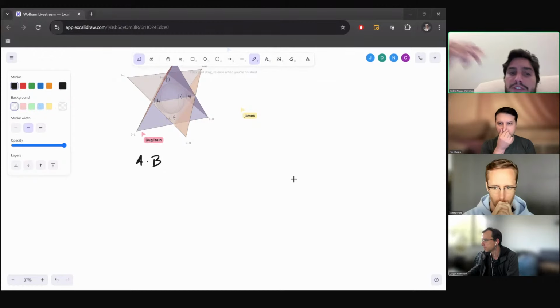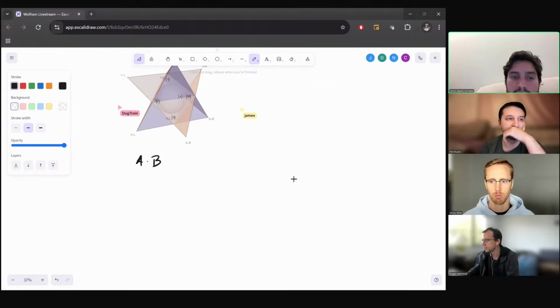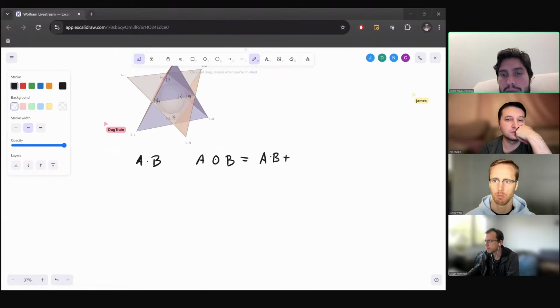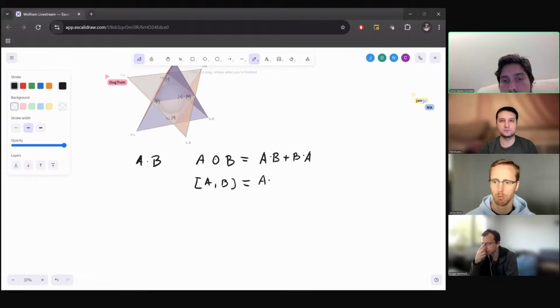Because the order matters, you might want to symmetrize this product. So you might want to do something like A times B symmetrized, which basically means you do A times B plus B times A. Or you might want to do what is typically called the commutator, and you do A times B, and you weight it by -1.